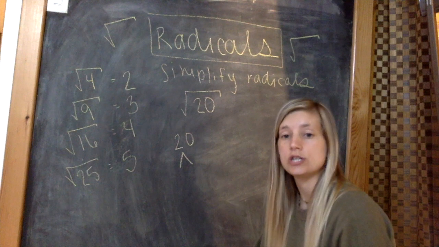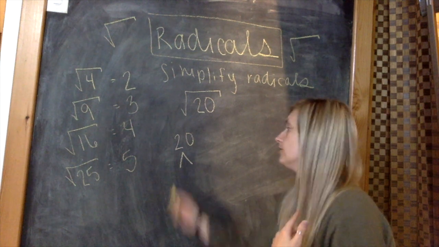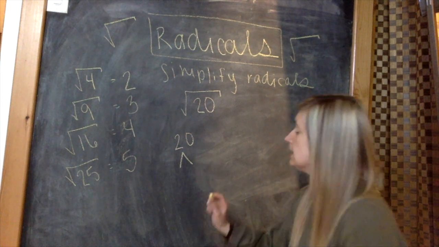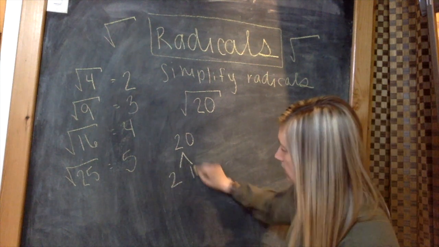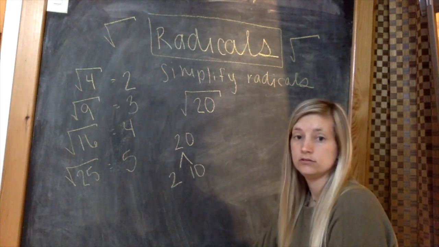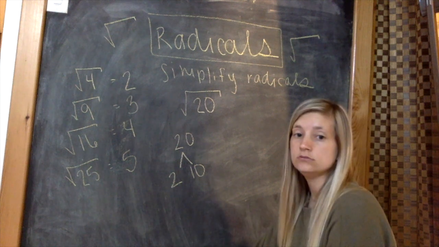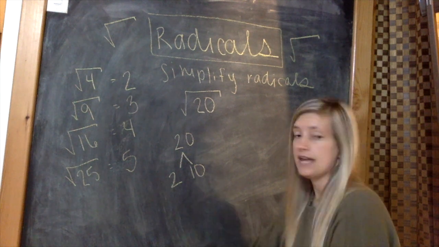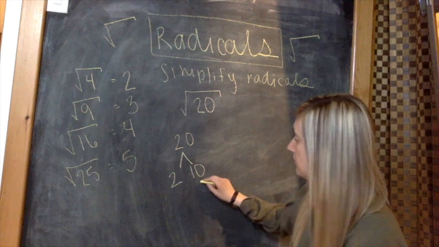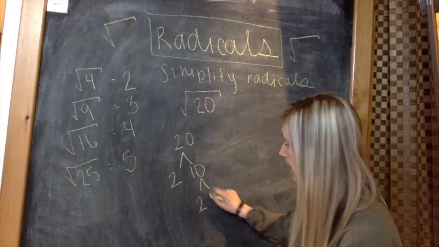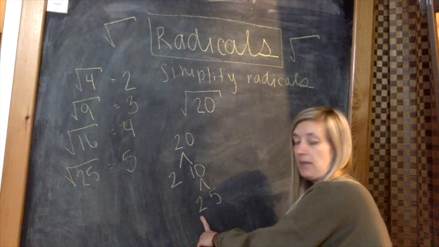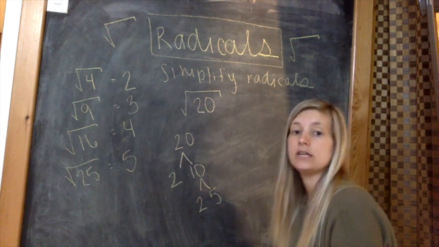I do not care which answer you go with as long as your factors are true. So what multiplies to 20? 2 and 10. Is 2 broken down? Yep. Is 10 prime? Nope, so we can keep breaking. What multiplies to 10? 2 and 5. Is 2 prime? Yep. 5 prime? Yep, so we can stop.